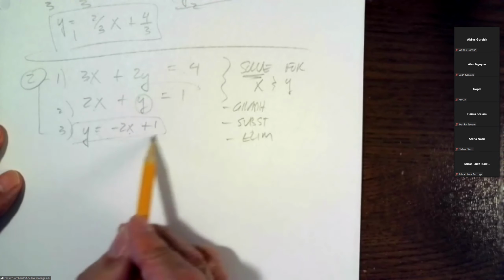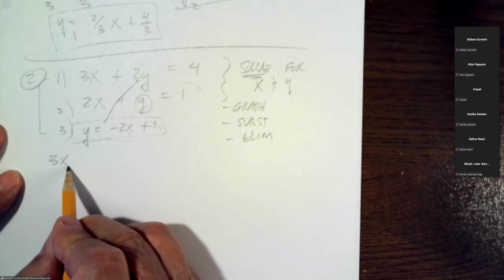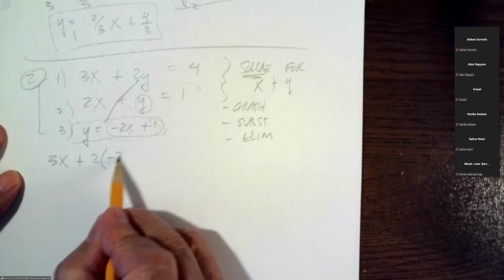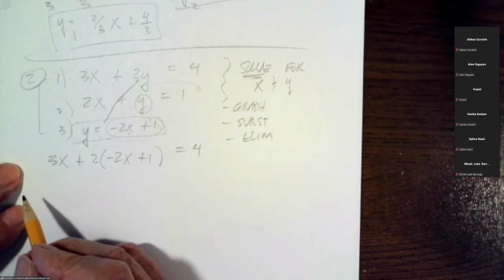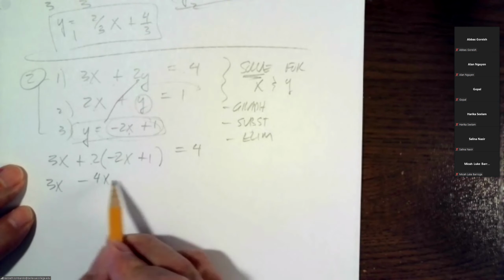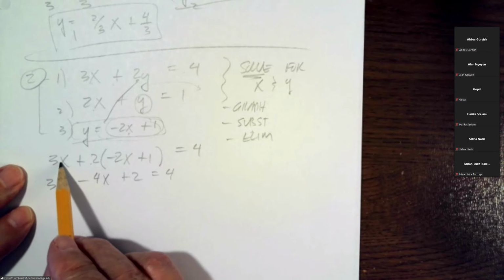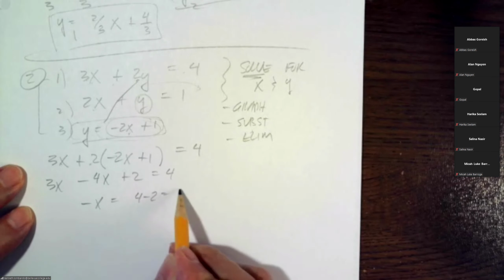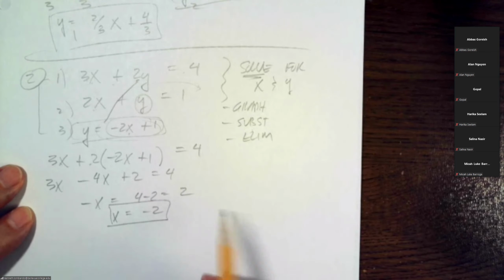So we could substitute this value in for y up here and say 3x plus 2 times (negative 2x plus 1) equals 4. So 3x and then minus 4x plus 2 equals 4. If I've done my arithmetic right here, negative x equals 4 minus 2, which is 2, or x equals negative 2.